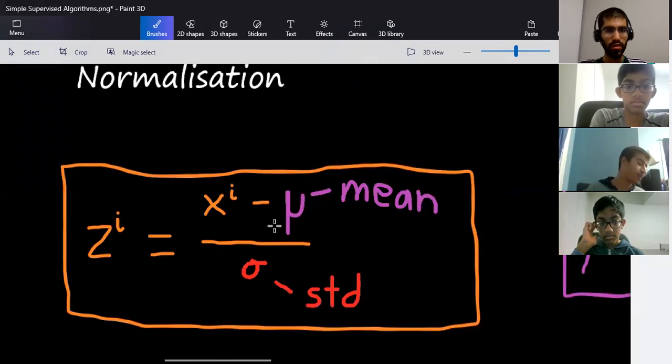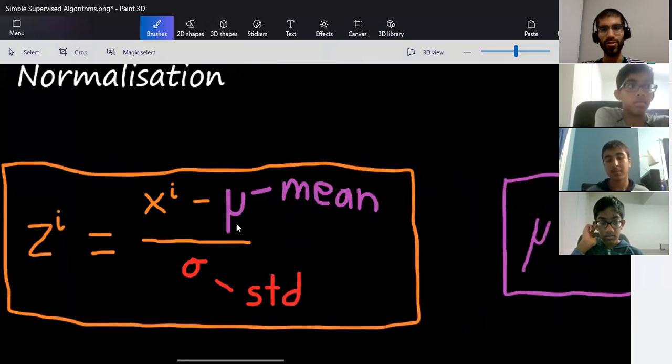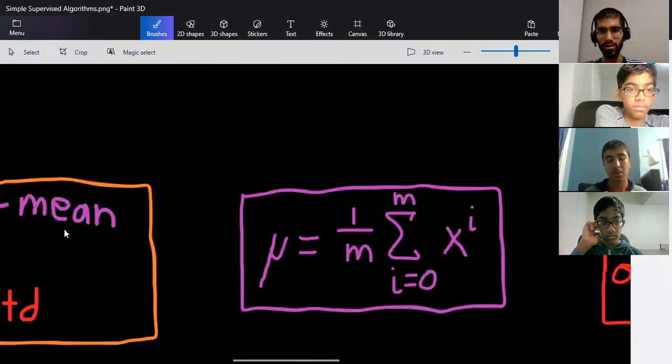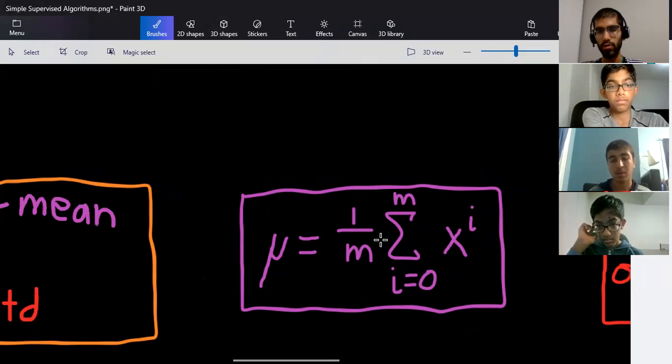So with the mean, mu, that's the Greek letter mu, this you already know how to calculate. So mu is just a fancy way of saying take each example, x i, going from the 0th example all the way up to m. That's the number of examples.